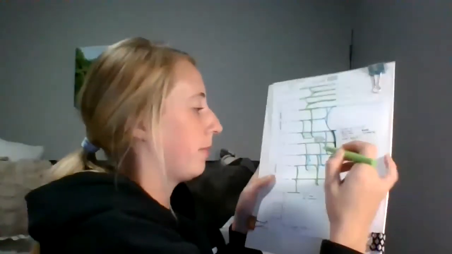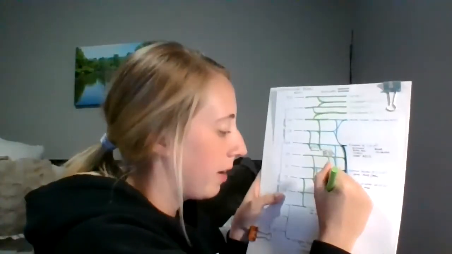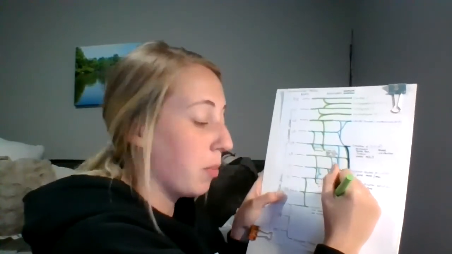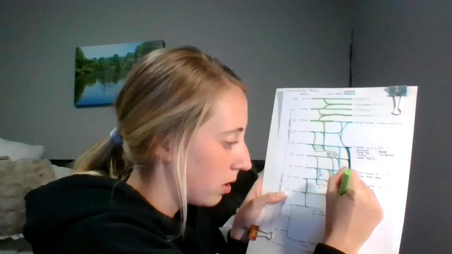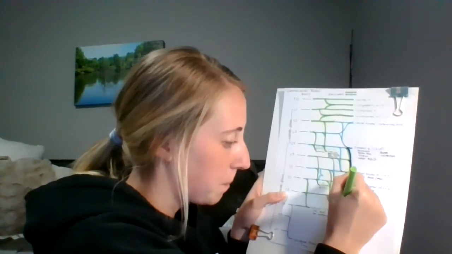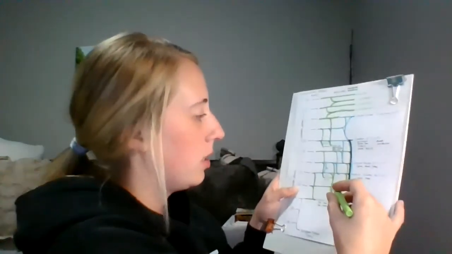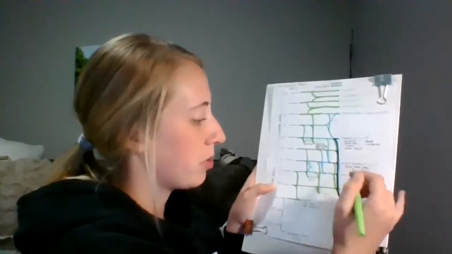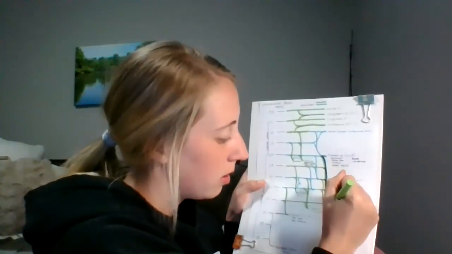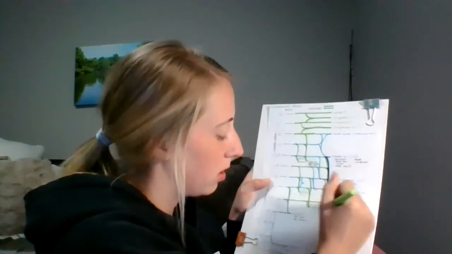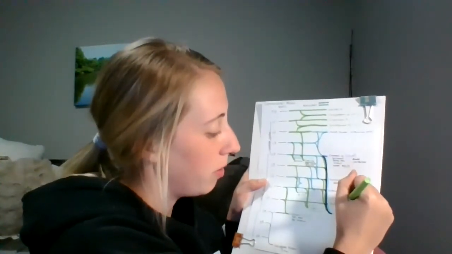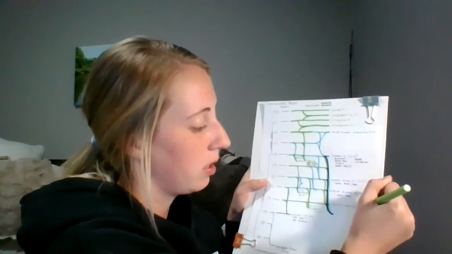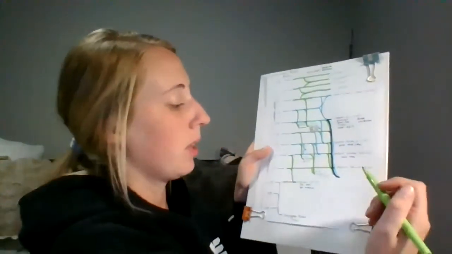On the anterior side, from S1, S2, and S3, we have the nerve to quadratus femoris. And then on the anterior side again, from S1, S2, and S3, we have the posterior femoral cutaneous nerve, and that innervates the skin.